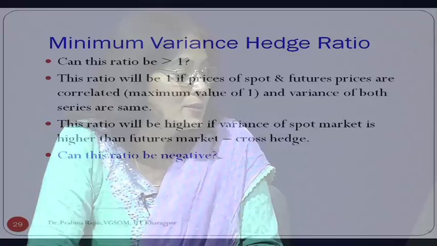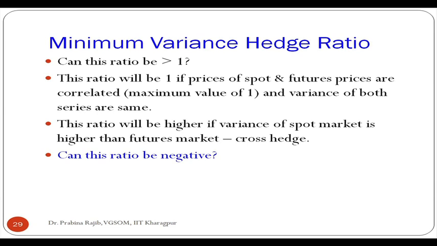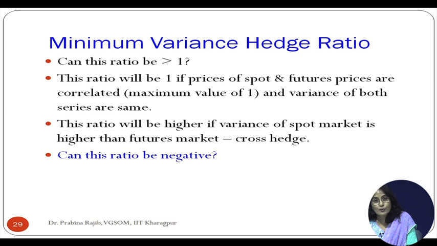So as I said, this ratio will be higher if the variance of the spot market is higher than the futures market, and this normally happens in case of a cross hedge.